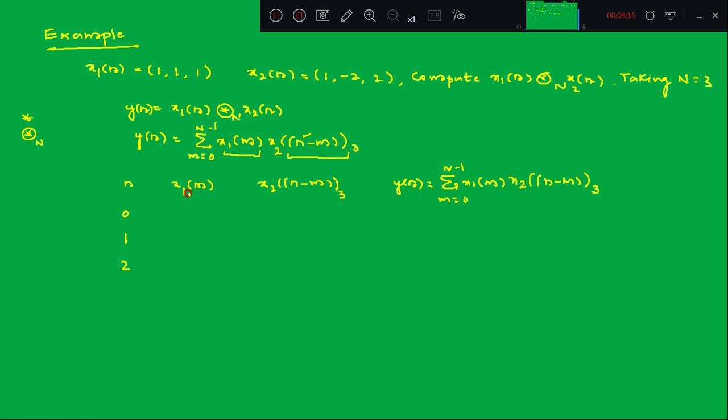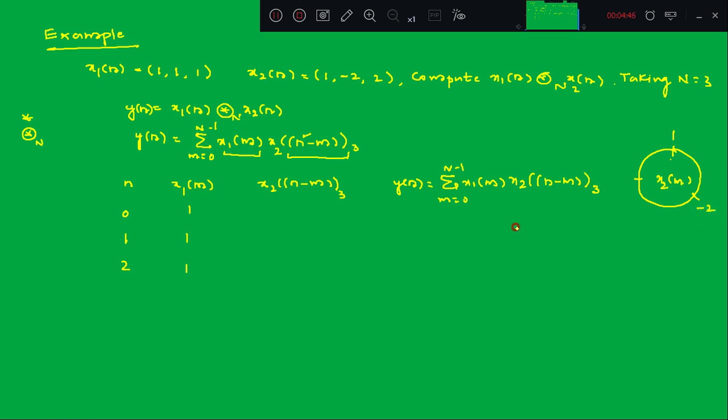What is the first sequence x1 of m? The first sequence is 1, 1, 1. The second sequence x2 of m is 1, minus 2, 2. Here I will write the sample values using a circle. I will write this one as x2 of m. Here I have 3 samples: 1, 1, and minus 2.